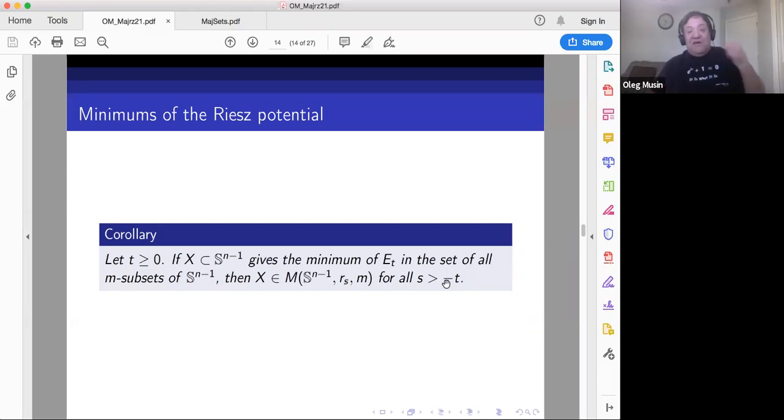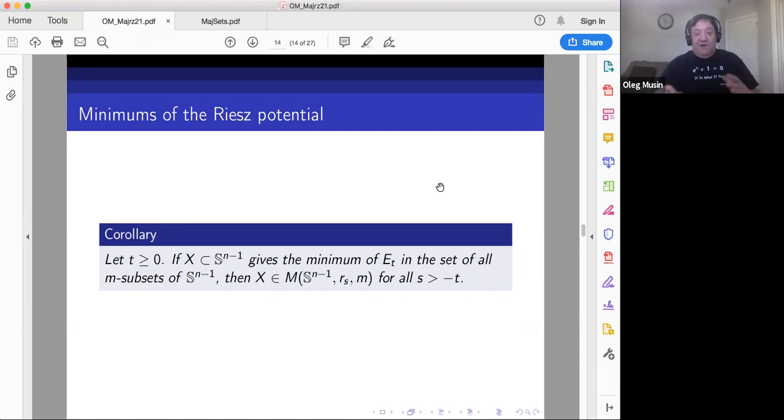But actually you can extend it even to negative s, right? That means we can play with rho. Yeah, this is our main theorem.